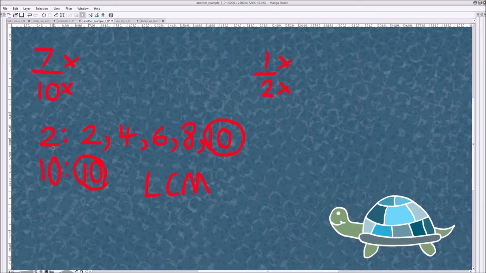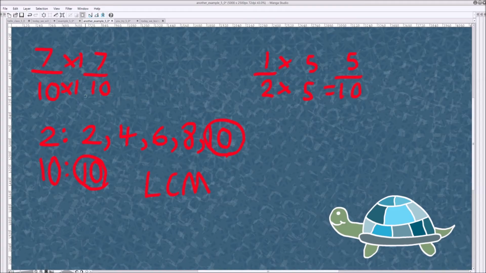So 2 times 5 is 10. And whatever we do to the denominator, we also need to do to the numerator, the top number. 1 times 5 is 5. And then remember, we just times these by 1, because 1 times 10 is 10, and 10 is our lowest common multiple, and so this fraction actually just stays the same.